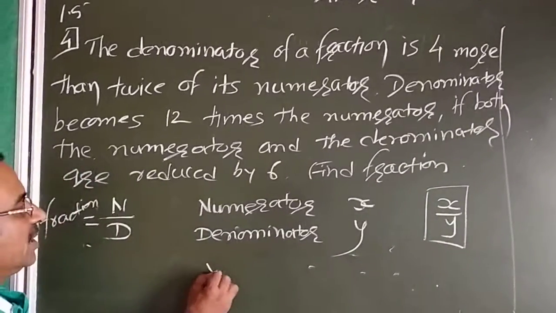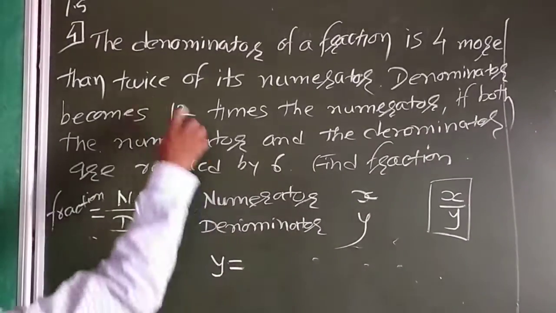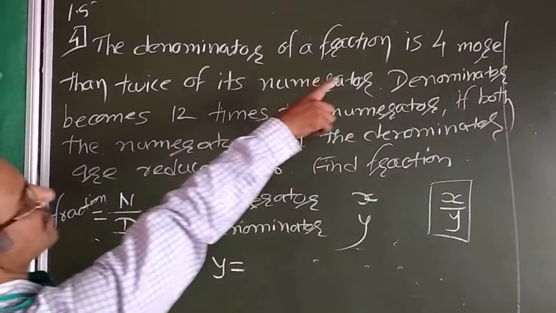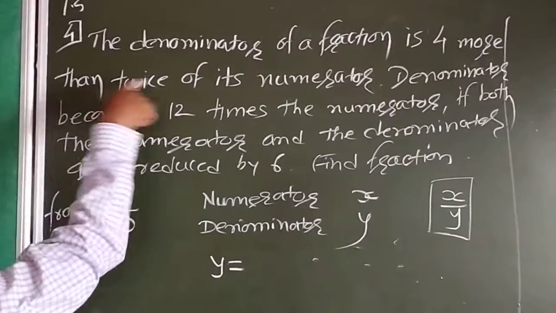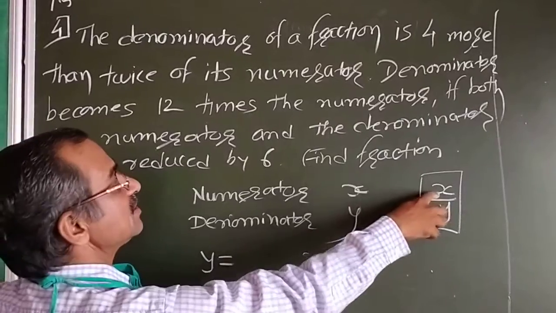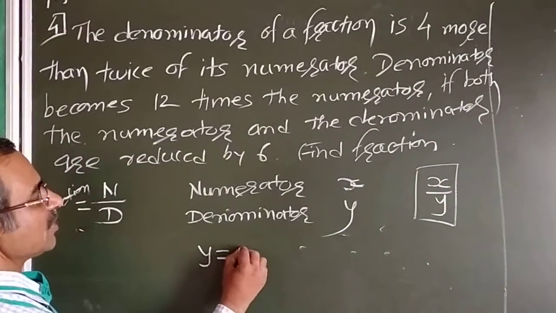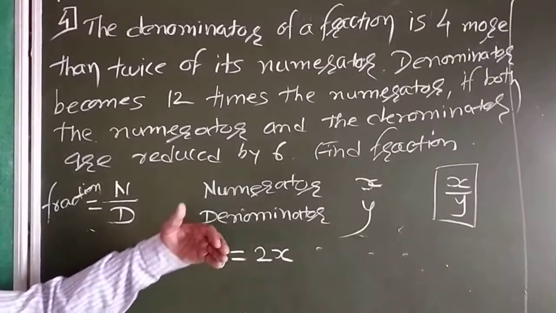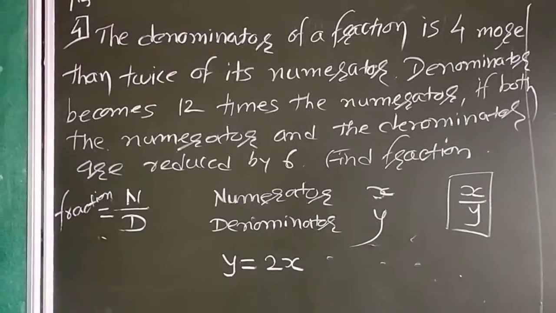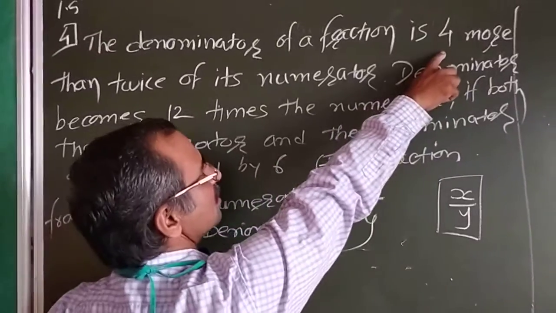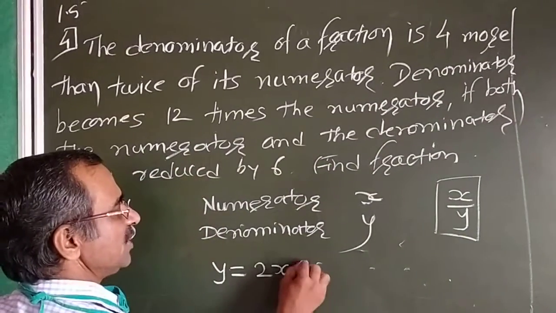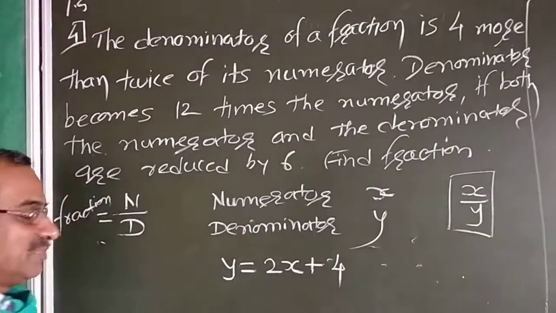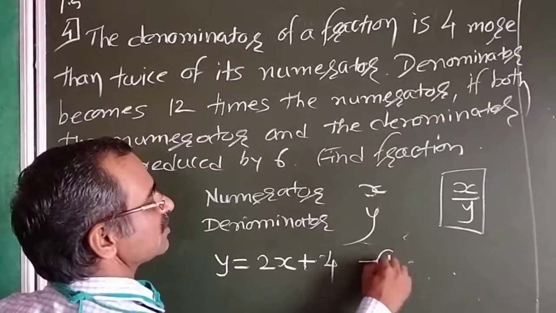Y. The denominator of a fraction is 4 more than twice the numerator. X is the numerator. Twice the numerator means 2x, plus how many? More means plus, by 4. We get the first equation.